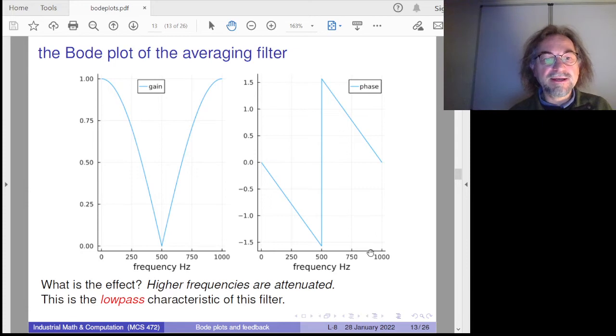We see two plots. At the left, we see the evolution of the gain, for the independent parameter, the frequency n that ranged between 0 and 1000.